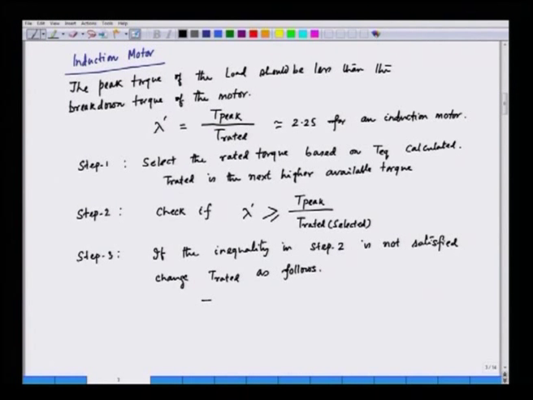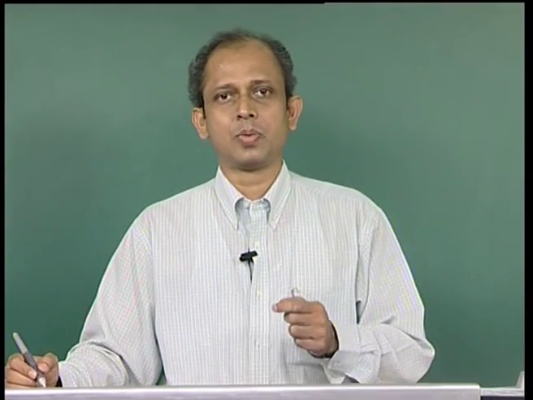So, what should be the T rated now? T rated should be equal to T peak by lambda prime. So, we know the peak value of the torque, we divide that by lambda prime, we get the T rated. Now, this is how we do the selection in case of an induction motor.